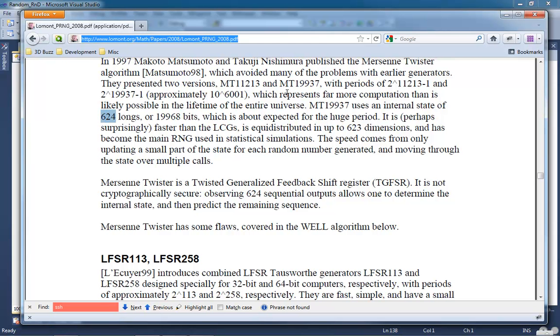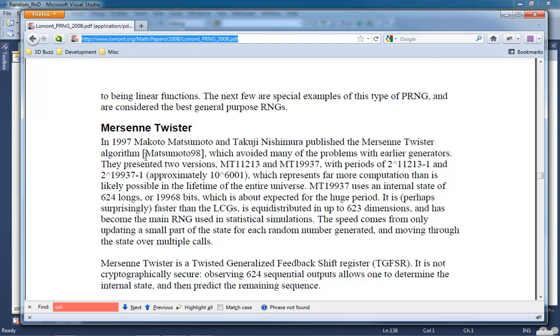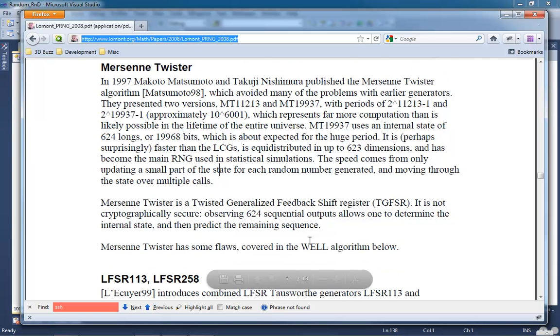The Mersenne Twister is another one that suffers from that type of problem, where if the initial seeding information is heavily loaded with zeros as opposed to an equal distribution of ones and zeros, it will be biased towards zero. It's one of the things that the guy who created this, Matsumoto, went back with some other colleagues, and he came up with the Well algorithm.